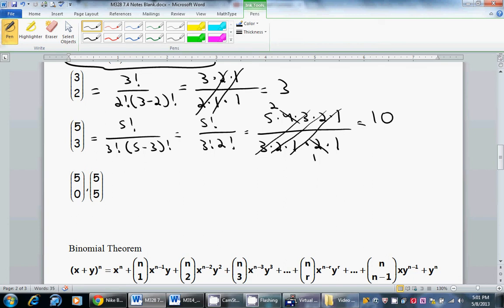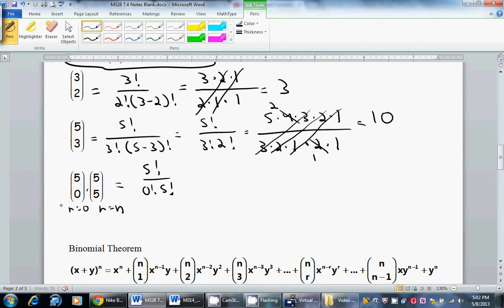Now, here's another neat thing. When r equals 0, or when r equals n, say the binomial coefficient of 5 and 5 or of 5 and 0, I'm going to get the same thing, because it's going to be 5 factorial over r factorial times n minus r factorial.